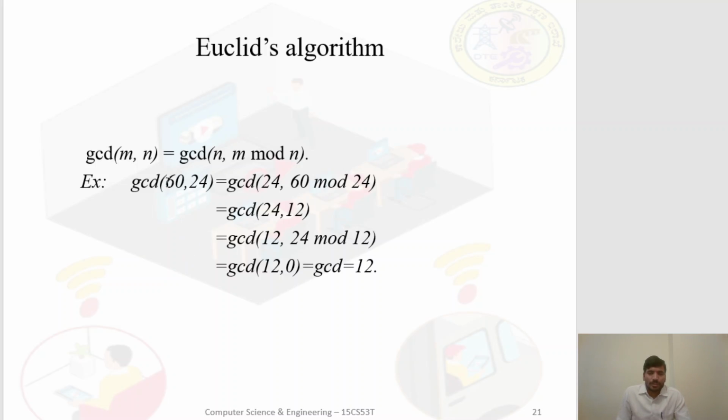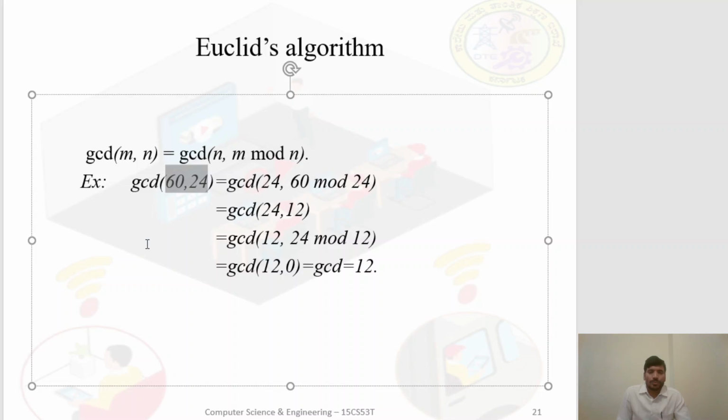This is the formula for finding the GCD of two numbers, say m and n. So let me take the example 60 and 24. I want to find the greatest common divisor of 60 and 24. According to the formula, in the first position, m is replaced by n, which is 24, comma, and in the n place we apply the formula, that is m mod n, 60 mod 24.